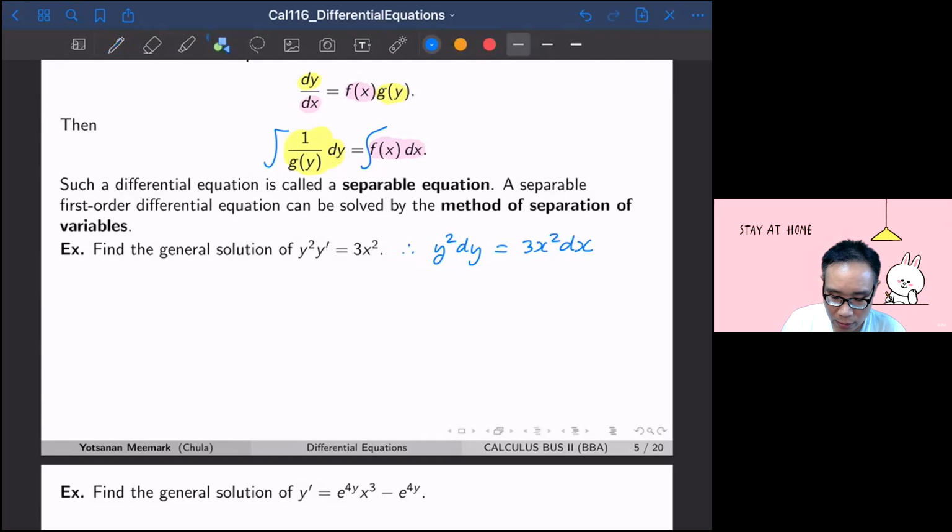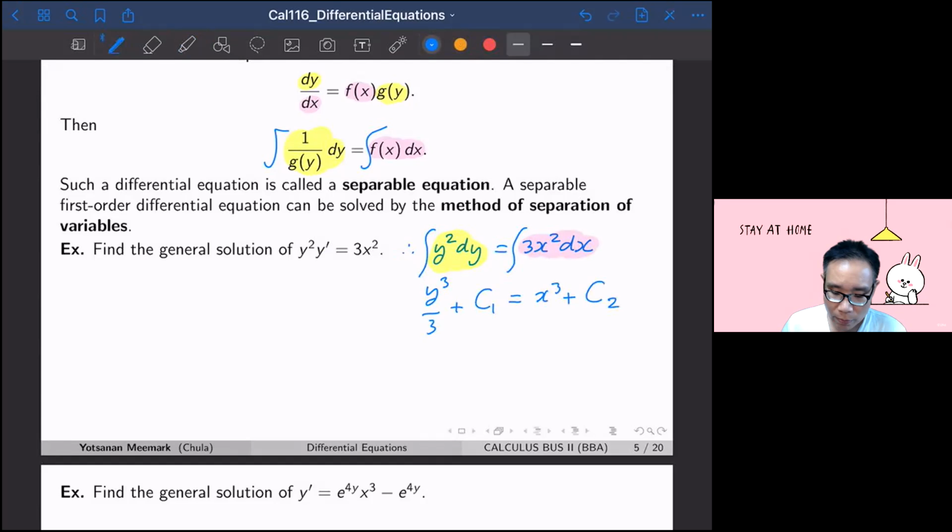And you see that this part is the yellow function, and this part is the pink function. Okay, and you're going to just integrate both sides. So you integrate y squared dy, so you get y cubed over 3 plus C1, and you integrate 3x squared dx, so this will be just x to the third plus C2.